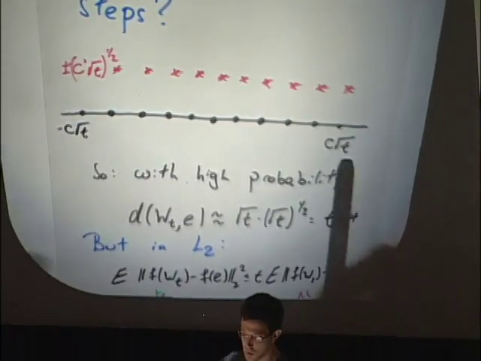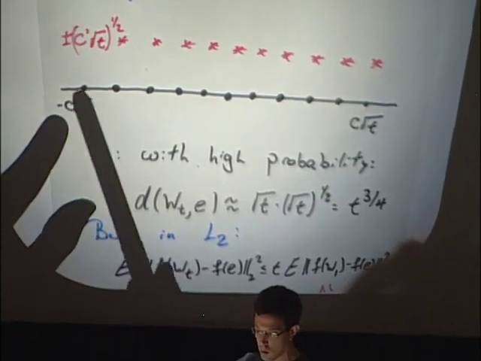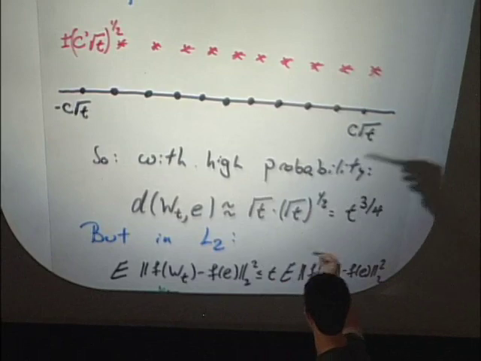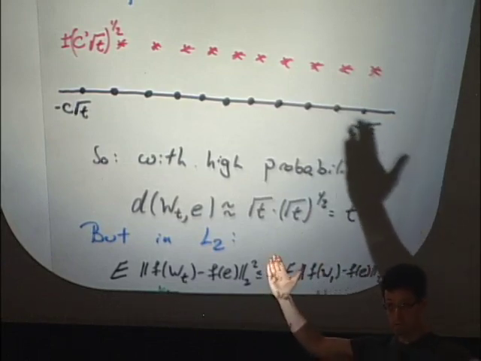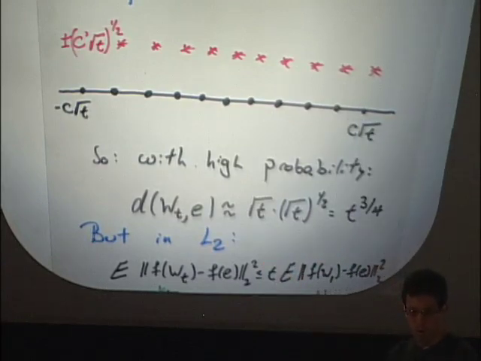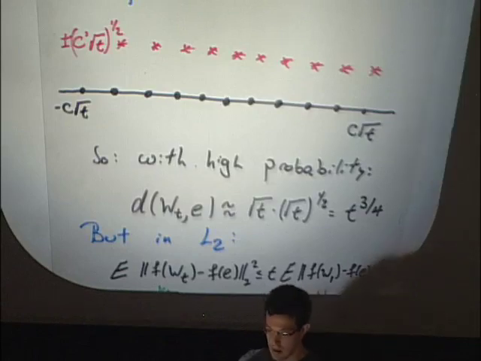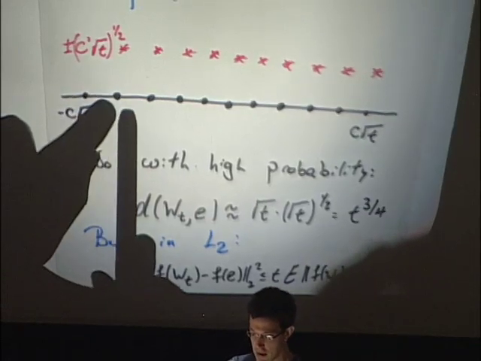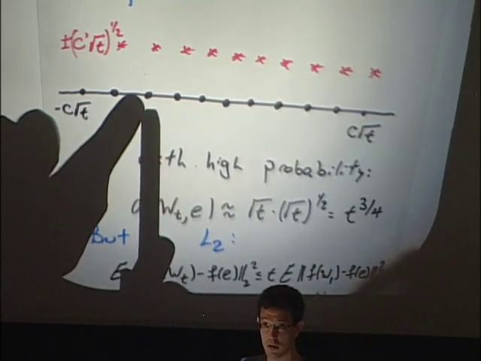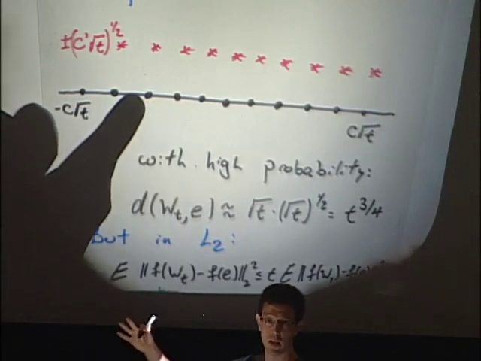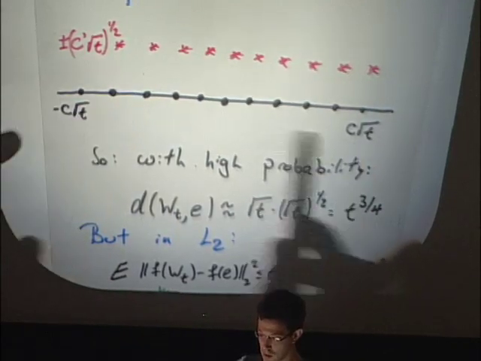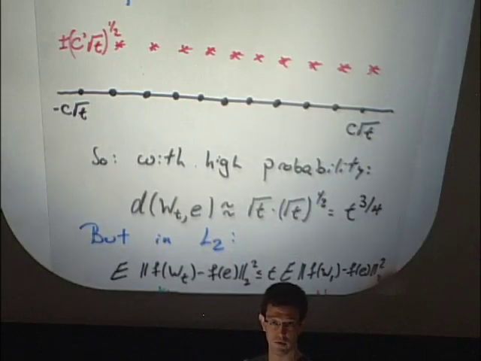A typical picture will be that all the action is happening between minus root t and root t. Now you need to argue, it's an easy argument, that at every fixed location, it stayed roughly the same amount of time. So if there are root t locations and the total amount of time was t, then at each location it stayed root t time. Again, up to constants.